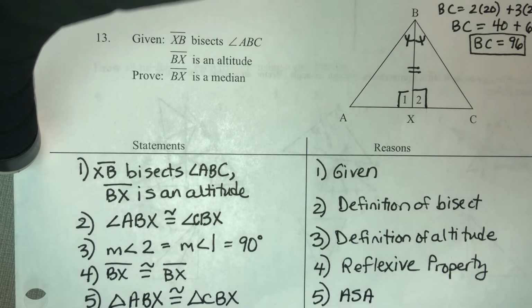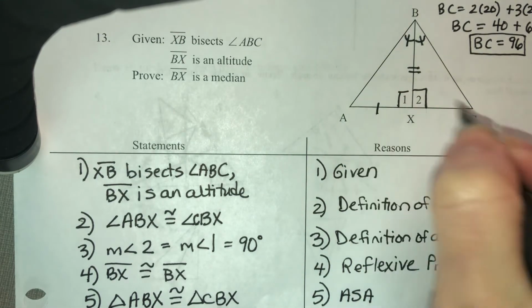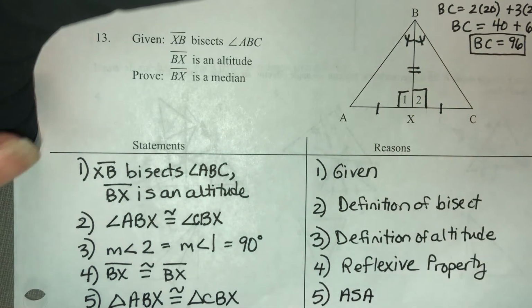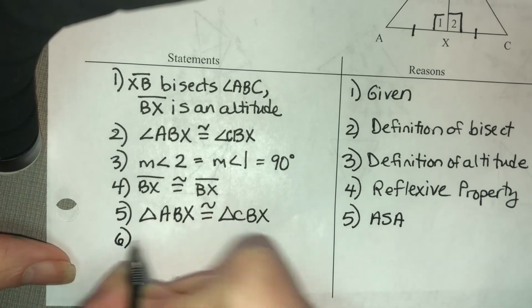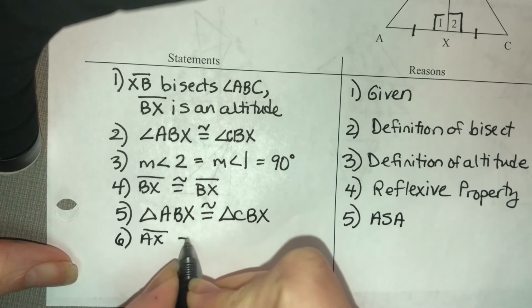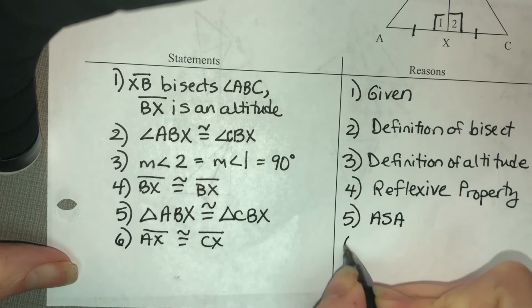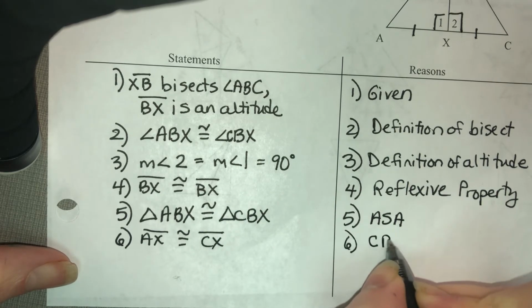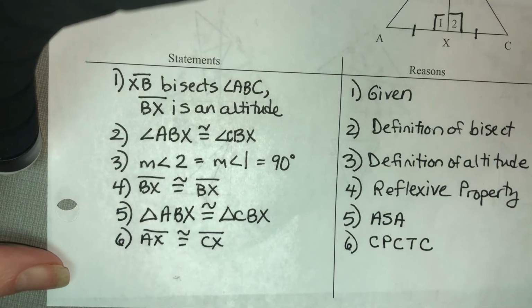Since the two triangles are congruent, all their corresponding parts are congruent, so that means AX would have to be congruent to XC. Those are corresponding parts. So AX is congruent to CX because corresponding parts of congruent triangles are congruent, our good old CPCTC abbreviation.